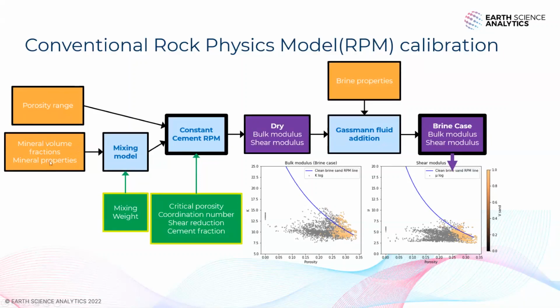So we'll probably put in 95% sand, 5% shale into our mixing model. That gives us mixed mineral properties, which we then put into the constant cement rock physics model. That then gives us a dry bulk modulus and dry shear modulus for a rock made up of grains that are 95% sand, 5% shale.